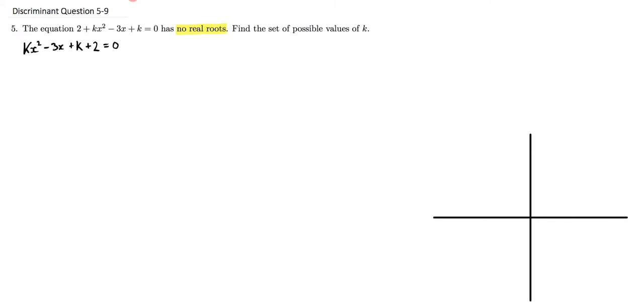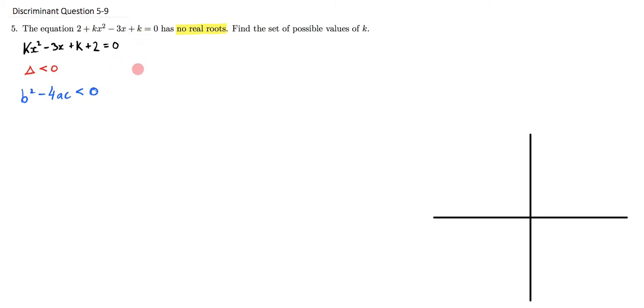So that's better. Okay, now they've told us we have no real roots, which means that our discriminant is going to be less than 0. So I would now write out my discriminant as being b squared minus 4ac is less than 0.